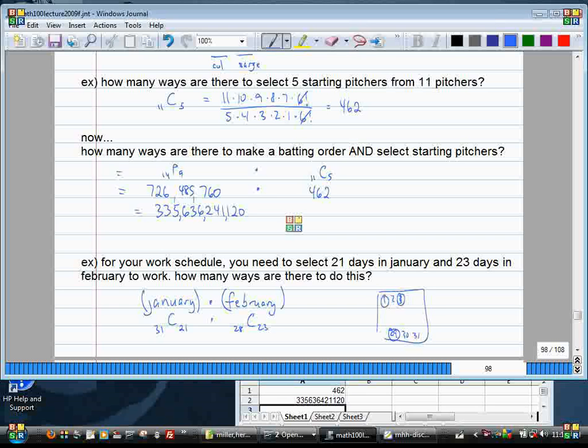Okay. So this can be a little tricky to understand, but the argument of why order does not matter basically boils down to that. It doesn't matter the order in which you pick the days, but those are your days. Once you have the days in which you're working, you can't rearrange them.